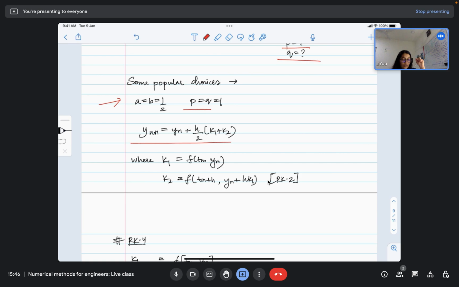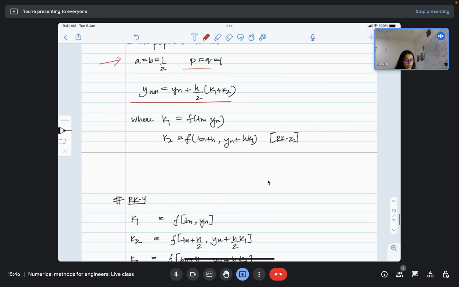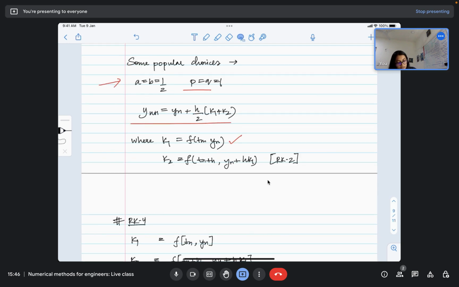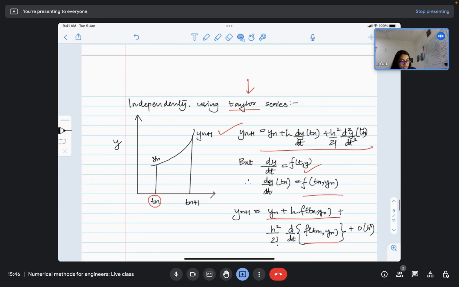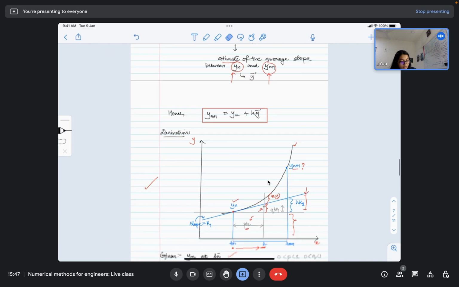Okay, where your k1 is the initial slope and k2 is basically f of tn plus h, and yn plus h k1. So let us take a moment here in order to understand this expression. Just copy it and we'll go back to the graph here. Okay.